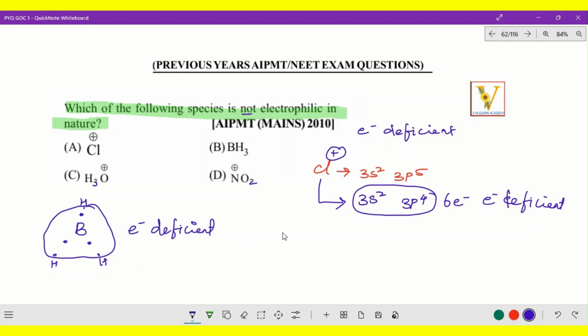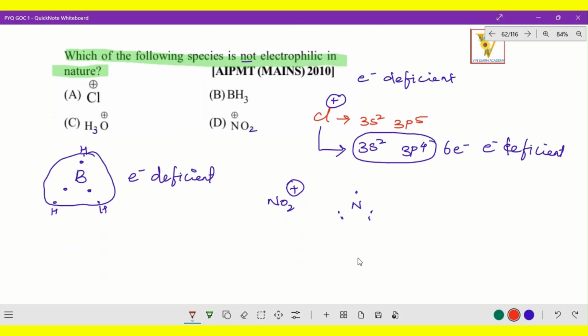Right. Now next one, NO2 plus. Nitrogen's outermost orbital has 5 electrons only. Oxygen is contributing 2 electrons over here, and the same way in NO2 plus.